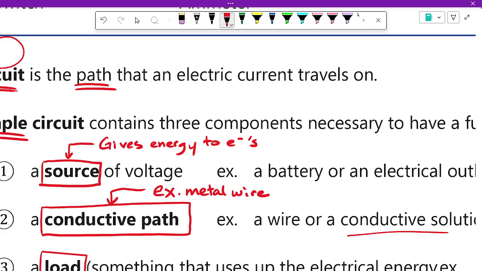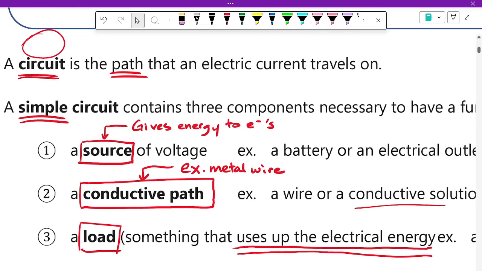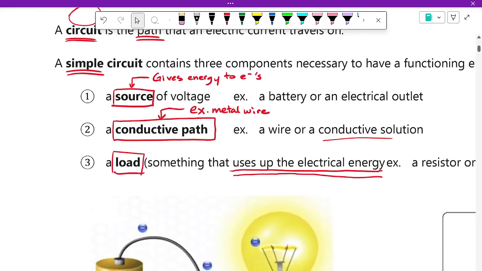If you have a motor and you plug it in, it uses up electrical energy. A speaker uses up electrical energy. Your phone uses up electrical energy. All of those things would be a load. So those are the three things you need: something to give the electrons energy, a path for the electrons to flow, and something to use up the energy of the electrons.